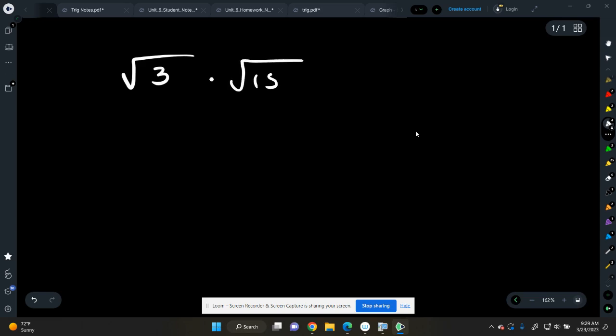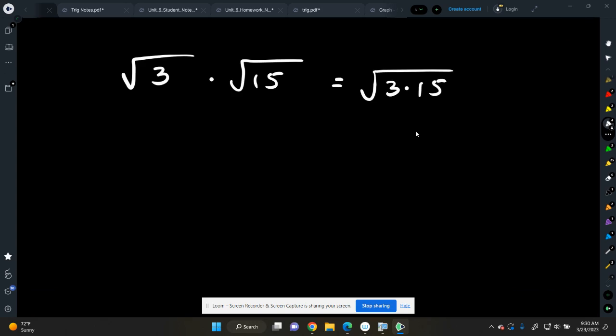Okay, so we've learned that when we multiply radicals, like the square root of 3 times the square root of 15, what do we do? Just bring them together. So that's the square root of 3 times 15, and then we factor it down.